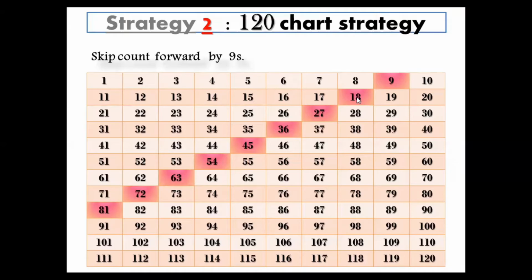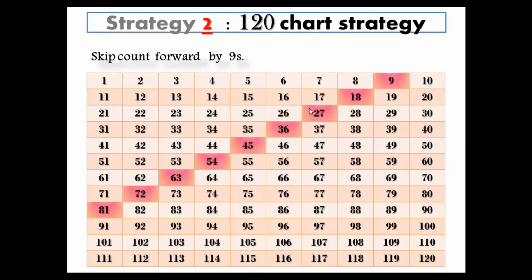If I want to get the product of 9 by 3, we count forward by 9s, 9 more after 18 to get the product of 9 by 3. 1, 2, 3, 4, 5, 6, 7, 8, 9. So the product of 9 by 3 equals 27.